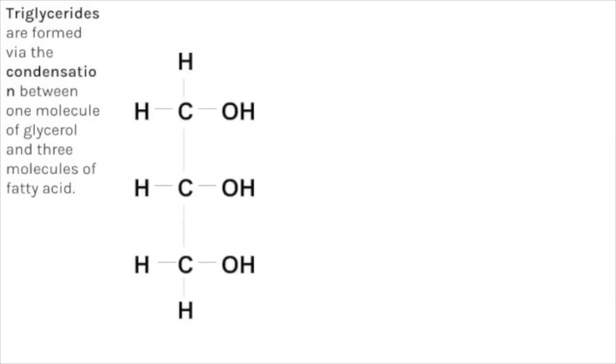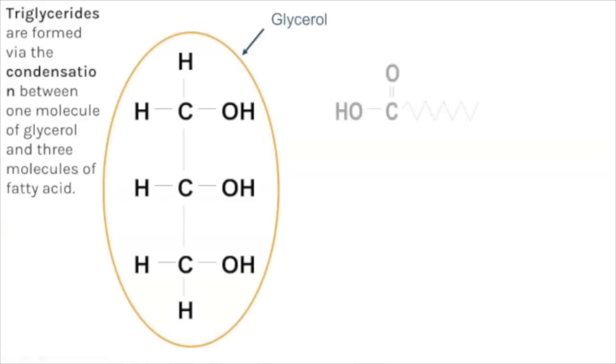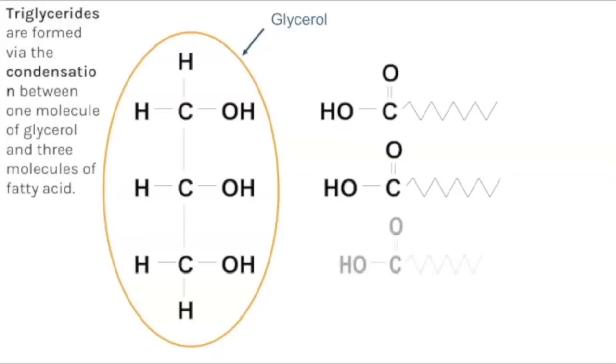Now how they form is the same, but I'm actually just going to go through it with the triglycerides. So it is a condensation reaction, and it will be 3 condensation reactions because there are 3 fatty acids that are going to be joining to the glycerol. Now, although it's a condensation reaction, that does not mean this is a polymer, and it isn't a polymer because it's not many repeated units joining together.